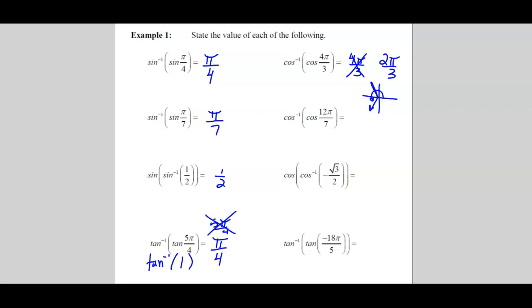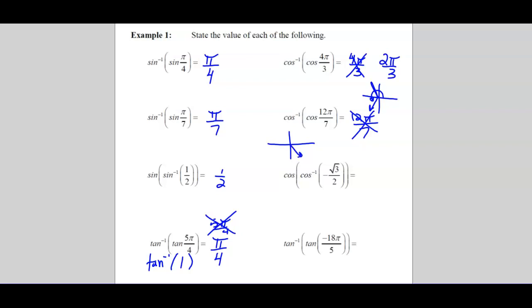All about those reference angles, right? So here you might look at it, oh, inverses, that's going to be 12 pi over 7. Wait a sec, that's too big. Okay, I don't know what cos of 12 pi over 7 is, but I know I can find out where it is. So that's going to be in the 4th quadrant.